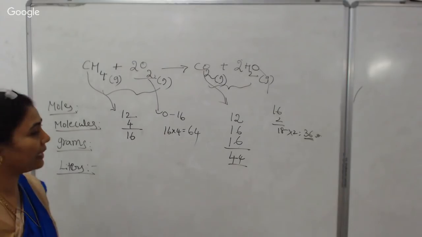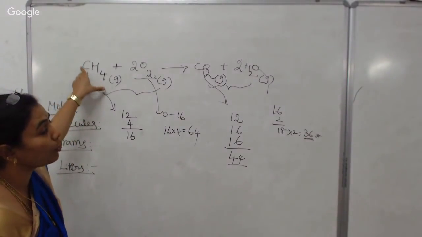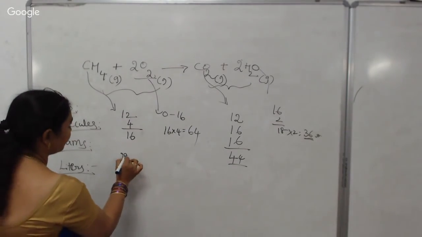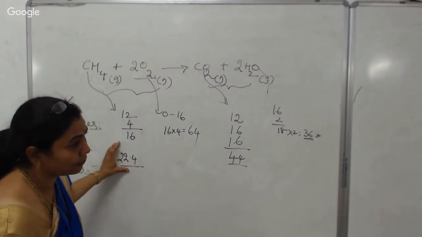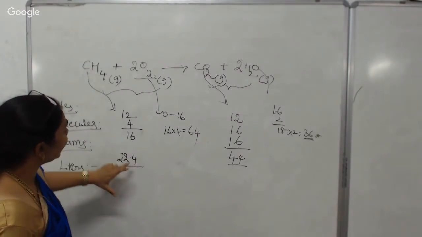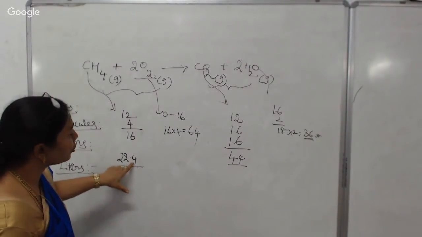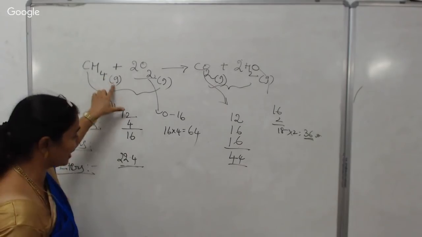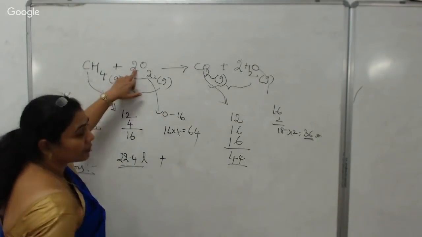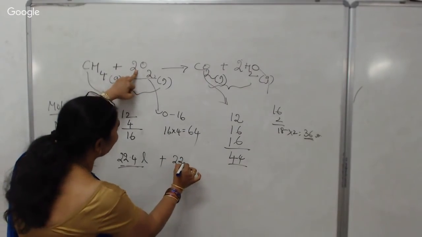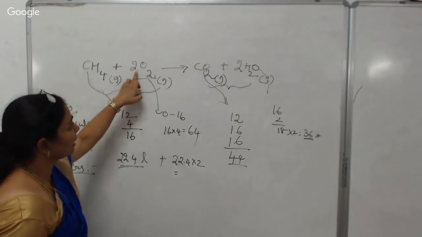Next, I want to tell the same equation using liters. How will you explain in liters? Generally, 1 mole we represent as 22.4 liters. Okay, this is a standard value, right? So this is 1 mole, so 22.4 liters of methane is reacting with 22.4 liters into 2, because here it is 2 moles.